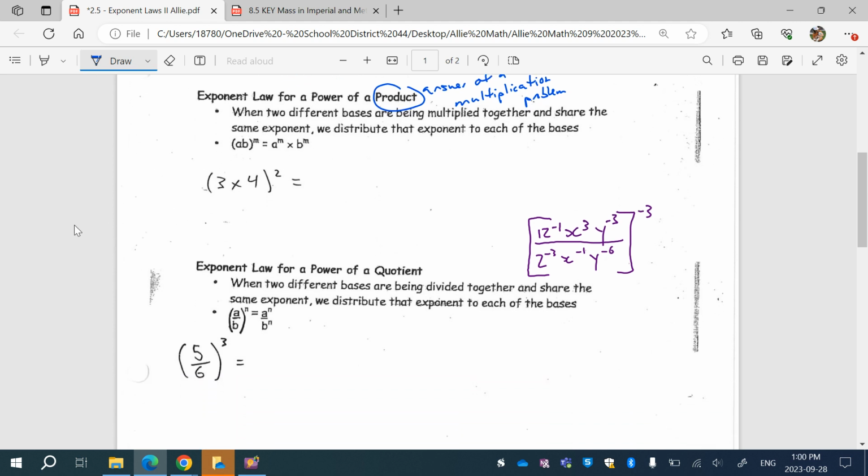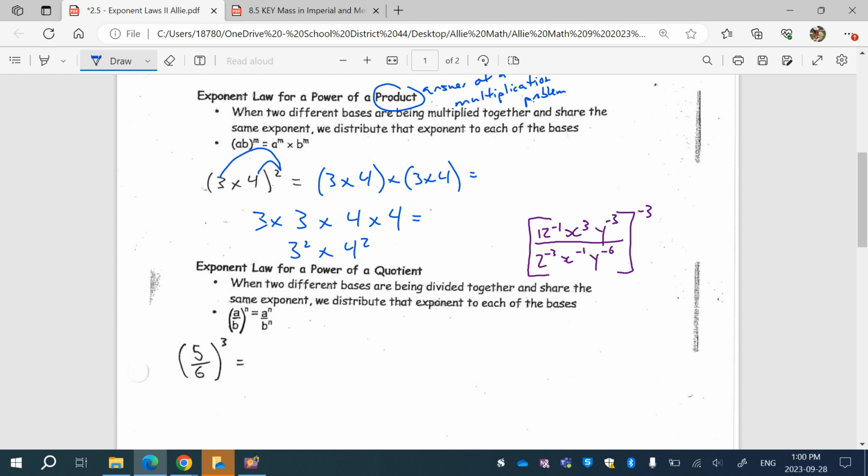So what we have right here, if I expanded this out, it would be the same as 3 times 4 times 3 times 4. And you could rewrite this as 3 times 3 times 4 times 4, or 3 to the power of 2 times 4 to the power of 2, which would be the same if we had just distributed this exponent into each of the numbers inside the brackets.